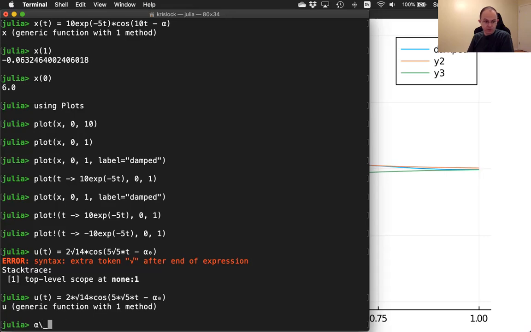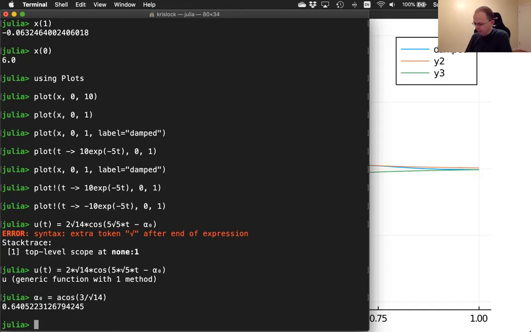So alpha naught is equal to, let's see, there. It's arc cos of 3 divided by the square root of 14. I'm just hitting tab here to change that into a symbol.